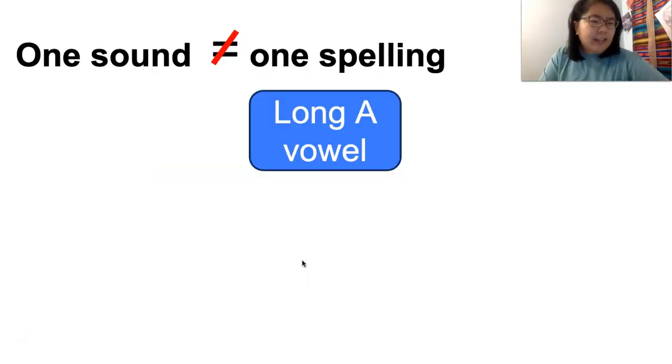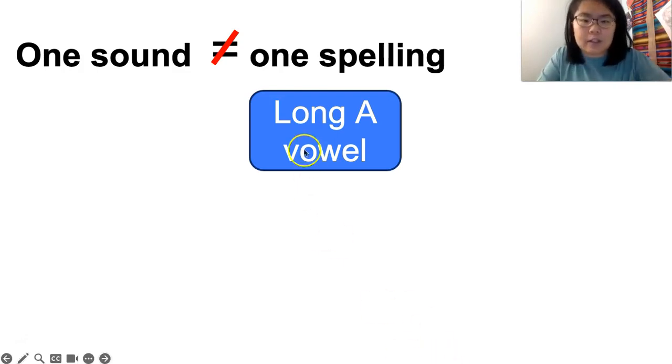Right, so long A. So let's use this long A sound as an example. We can see our pattern of one sound, right? One vowel sound does not equal one spelling, right? There are different letters that make the same sound. There are the same letters that make different sounds.